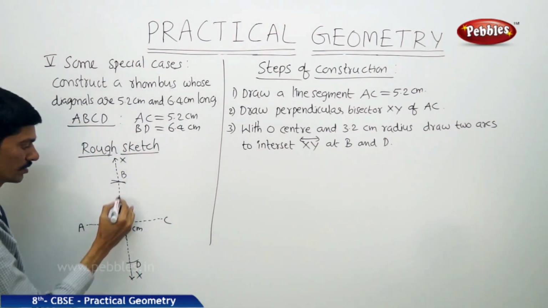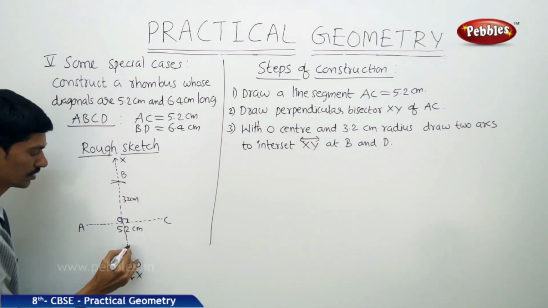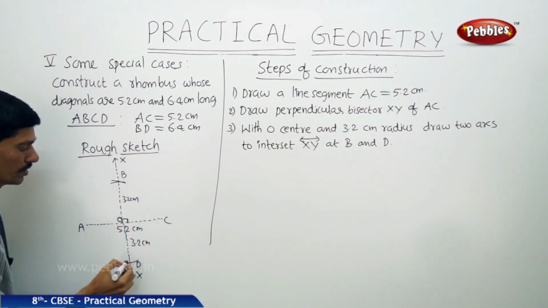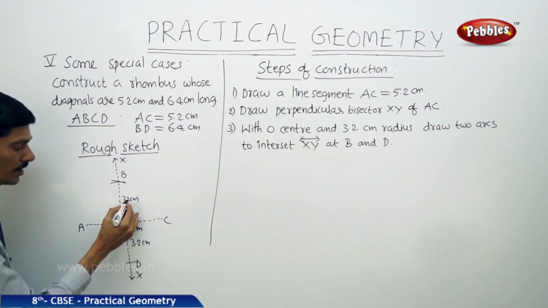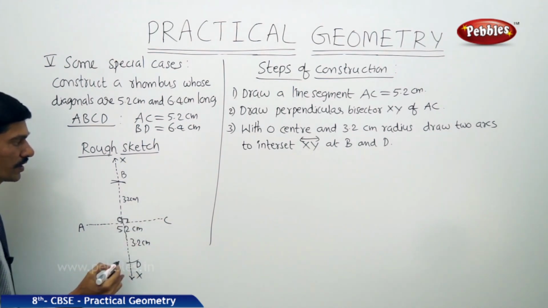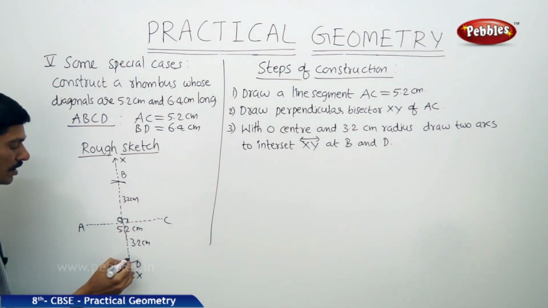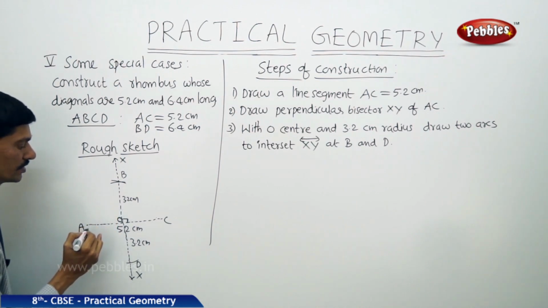Now if you measure OB, this is 3.2 centimeters, and OD is also 3.2 centimeters. Then the length of BD is 6.4 centimeters, because 3.2 plus 3.2 is 6.4 centimeters. So A, B, C and D are the vertices of the required rhombus ABCD.